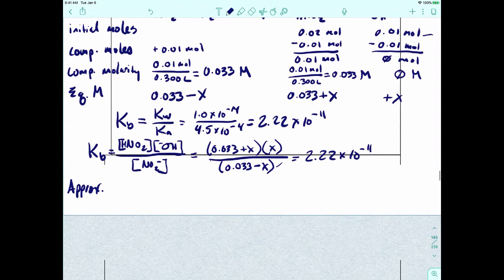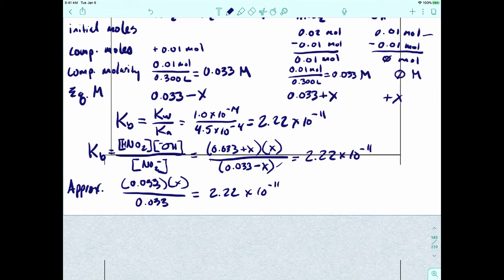Okay. So if we apply the approximation, what we're going to say is that the concentrations of HNO2 and its conjugate base are not going to change. They're still going to be 0.033. So 0.033 molar times X divided by 0.033 is equal to 2.22 times 10 to the minus 11th. Now, look at what happens.